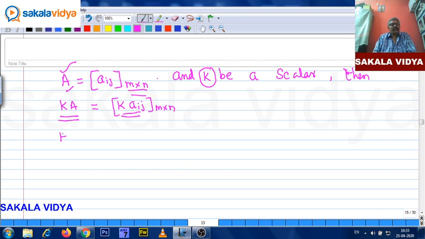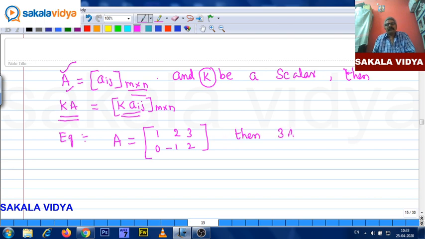One example I shall discuss here. For example, A is equal to 1, 2, 3, 0, minus 1, 2. Then what is 3A?